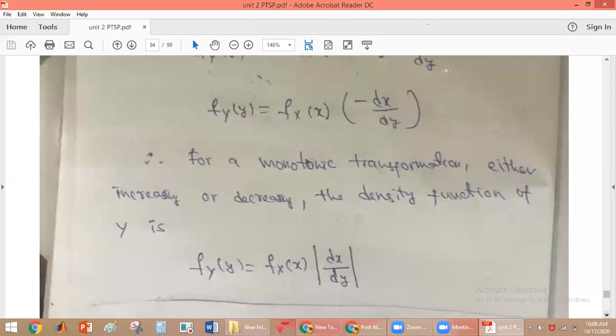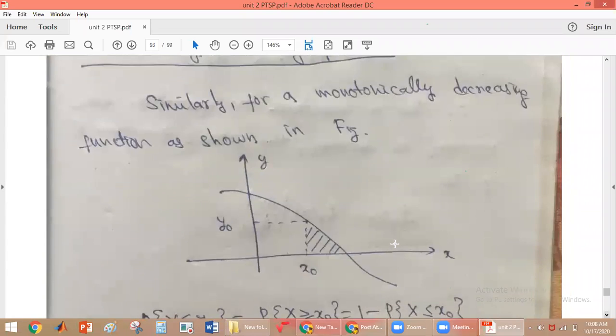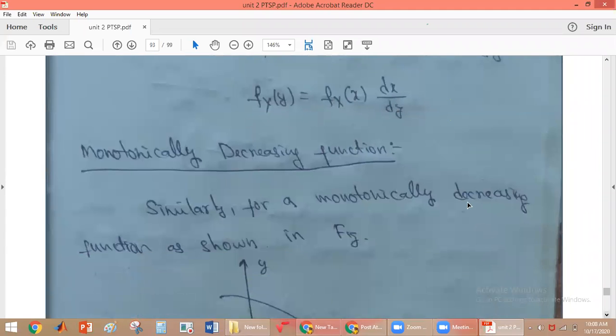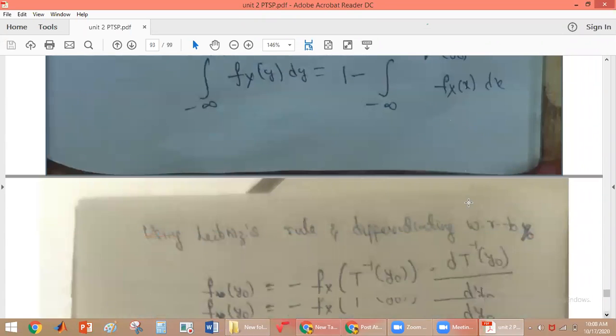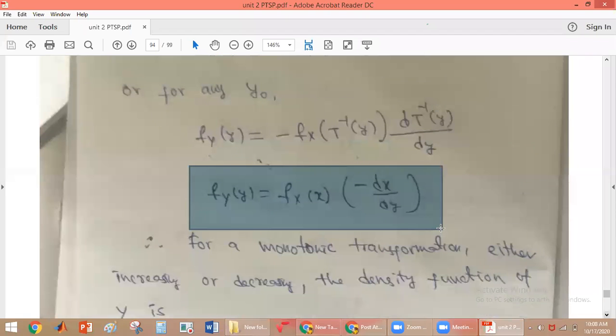So for a monotonically increasing function, the slope is positive. So fy of y is equal to fx of x times dx by dy. For a monotonically decreasing function, the slope is negative, so we have fy of y is equal to fx of x times minus dx by dy.